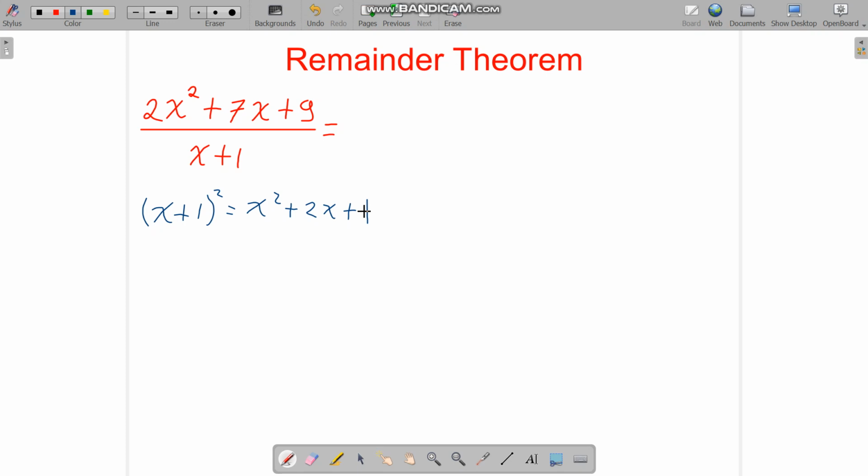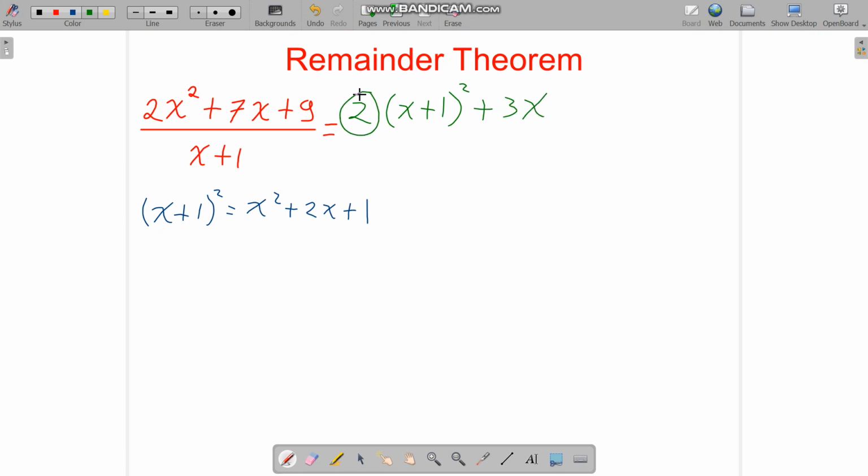So if we want to express the numerator in terms of x plus 1, we gotta make it 2 times x plus 1 all squared. From here, this is what we get multiplied by 2. So we have 2x squared plus 4x, but originally we have plus 7x. So we still have to add 3x.